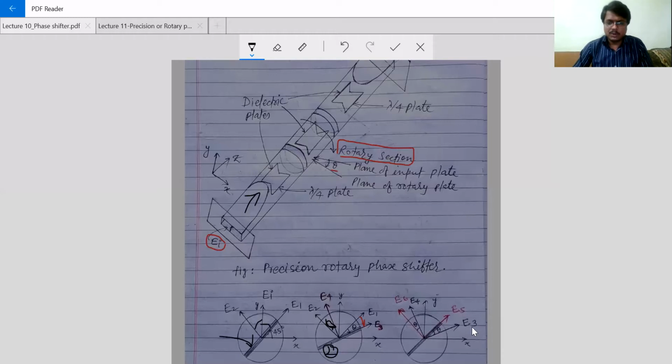We know E3 and E4, and we also know this angle, so by using the component breaking rule, we can find E5 and E6.